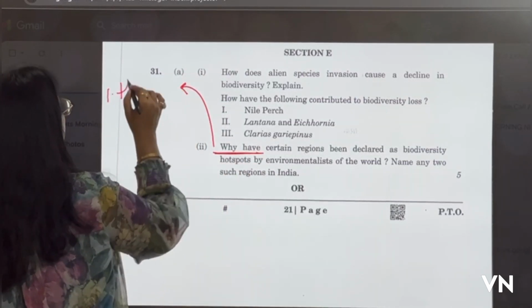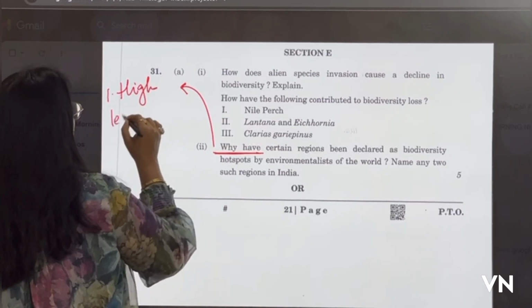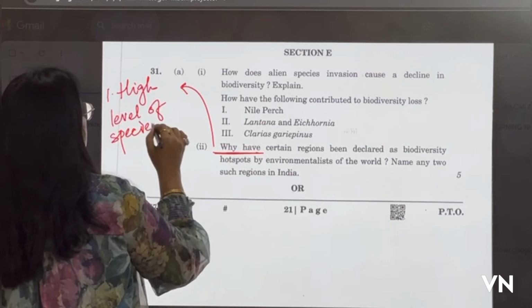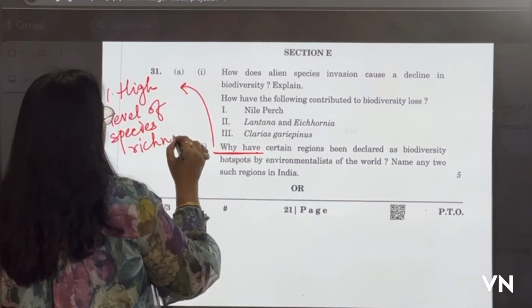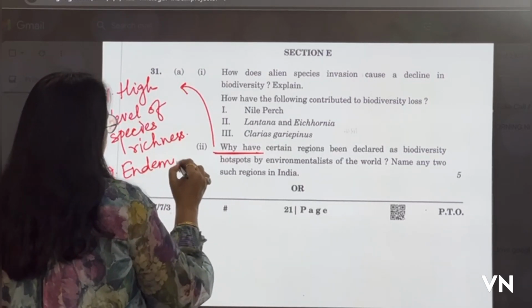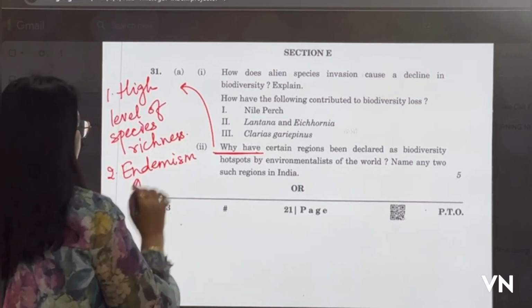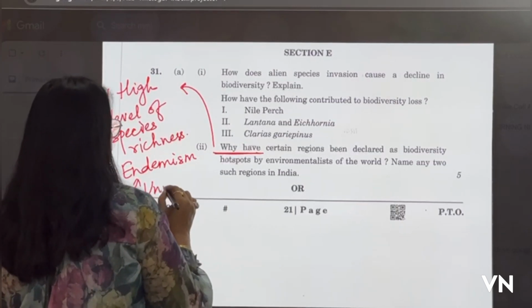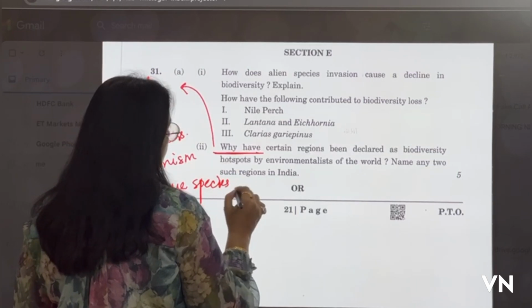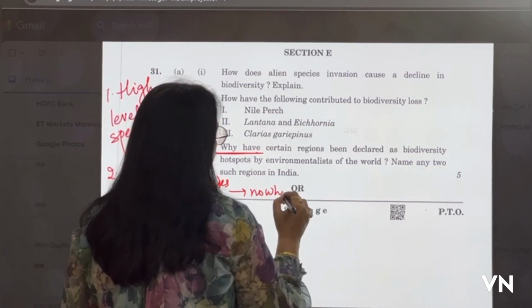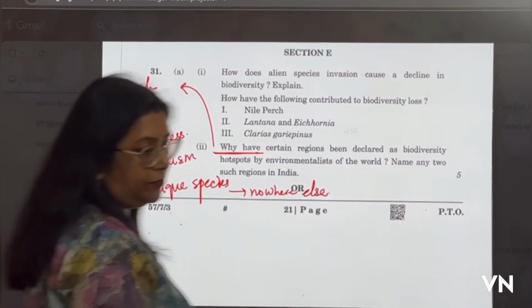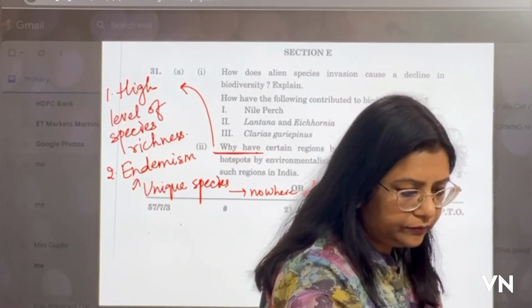Number 1, high level of species richness. And number 2, endemism. That is, unique species are found in these hotspots, and they are not found anywhere else. So this way, the first question of section E is done.